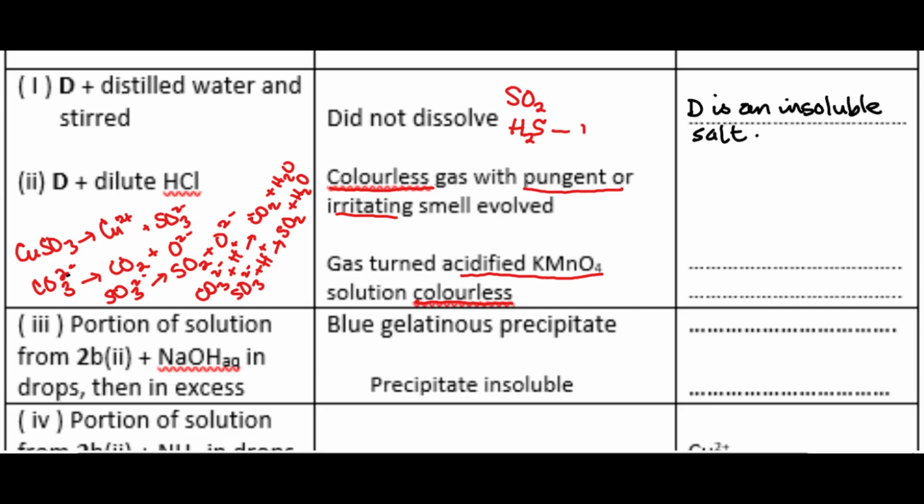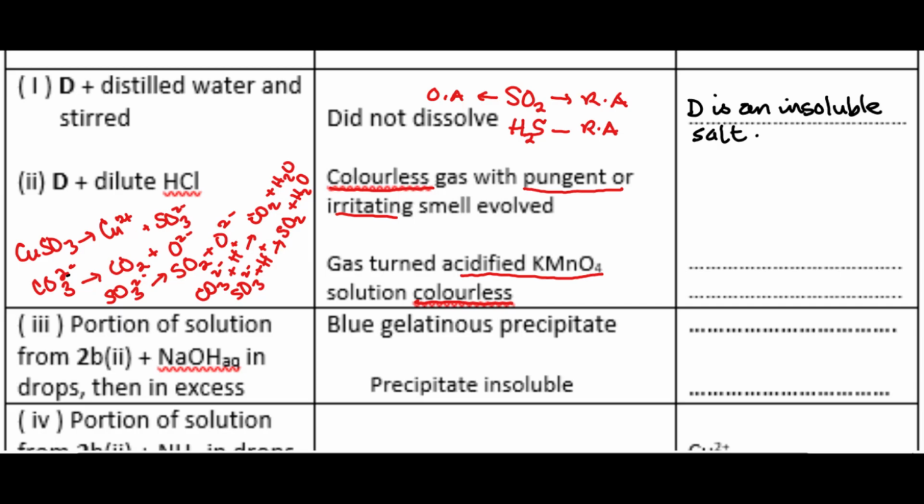Hydrogen sulfide is a major reducing agent. It always acts as a reducing agent. But sulfur(IV) oxide can act as either a reducing agent or an oxidizing agent, depending on what it's reacting with. In the presence of a strong reducing agent like hydrogen sulfide, it will act as an oxidizing agent. But in the presence of a stronger oxidizing agent like acidified KMnO4, it will act as a reducing agent.